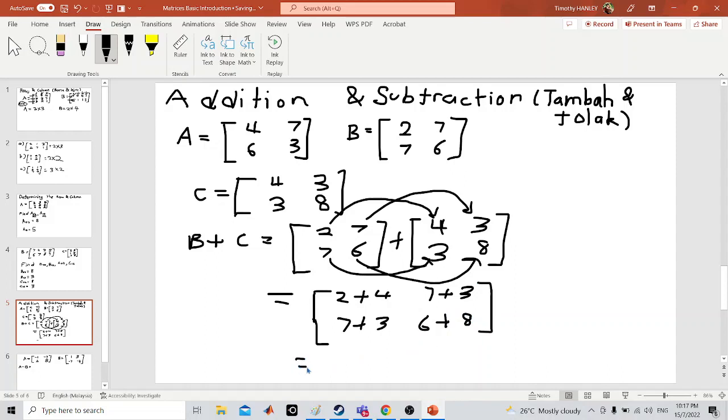And now you guys just have to apply the addition. So 2 plus 4 is 6, 7 plus 3 is 10, 7 plus 3, 10, and 6 plus 8 is 14. And this is the final answer.